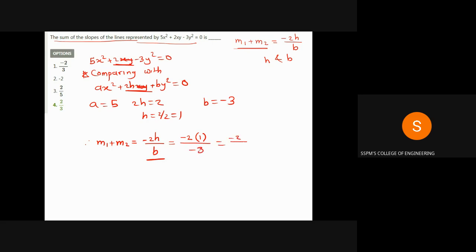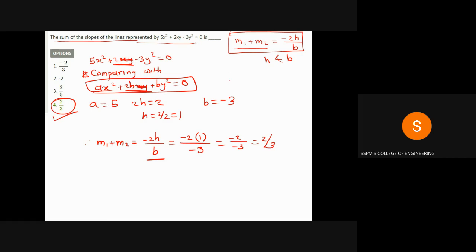That is minus 2 by minus 3, which is 2 divided by 3. So this is the correct option. Just remember this is our standard form, and this one here is the formula for sum of slopes.